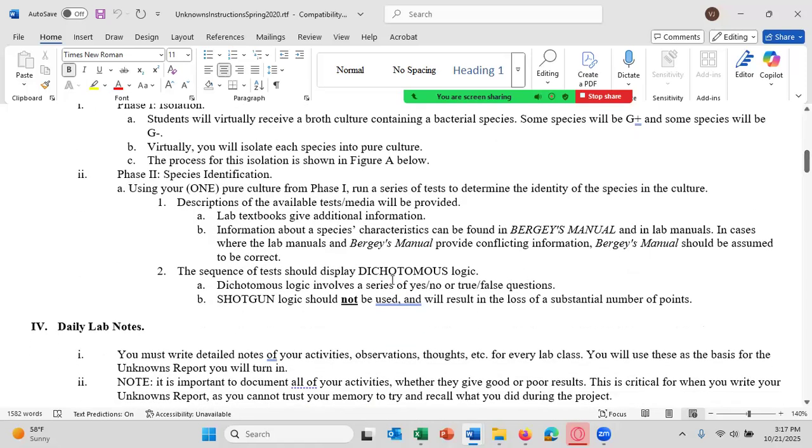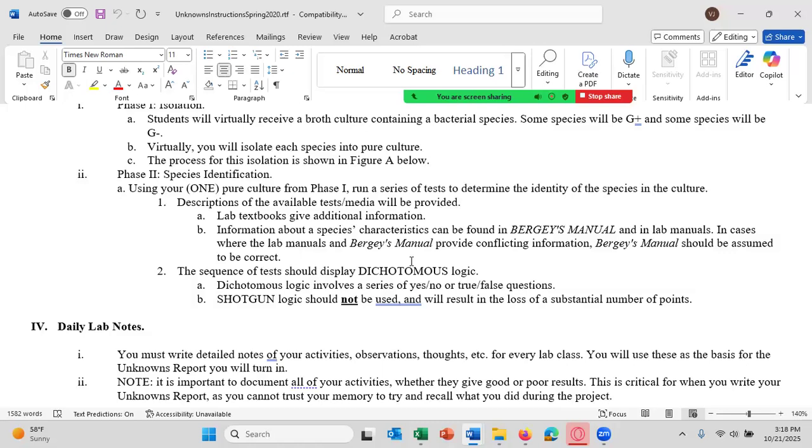And then identify your species. You can use the tests that you'd like. You can find Bergey's manual online. There's one in the lab if you happen to go into the microbiology lab, and you can get it from the library as well. You can use the textbook, you can use the web, but if you do use the web, make sure your results are correct.